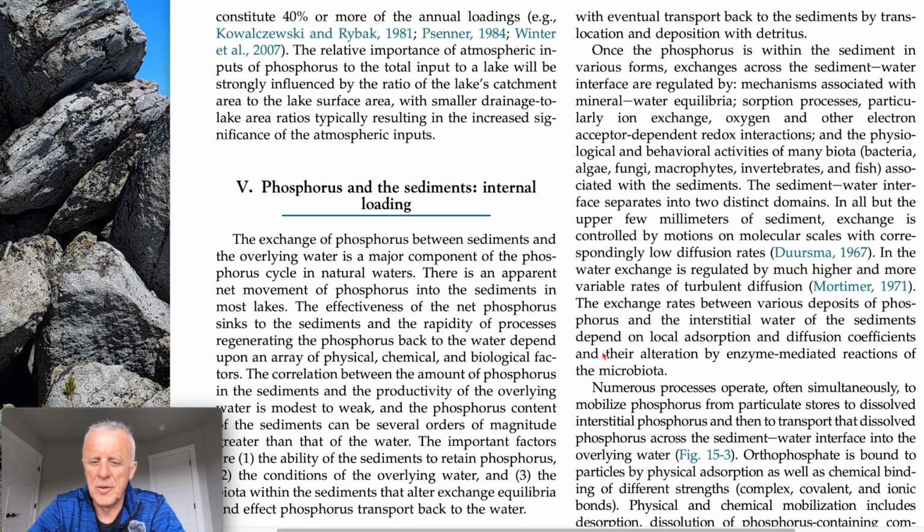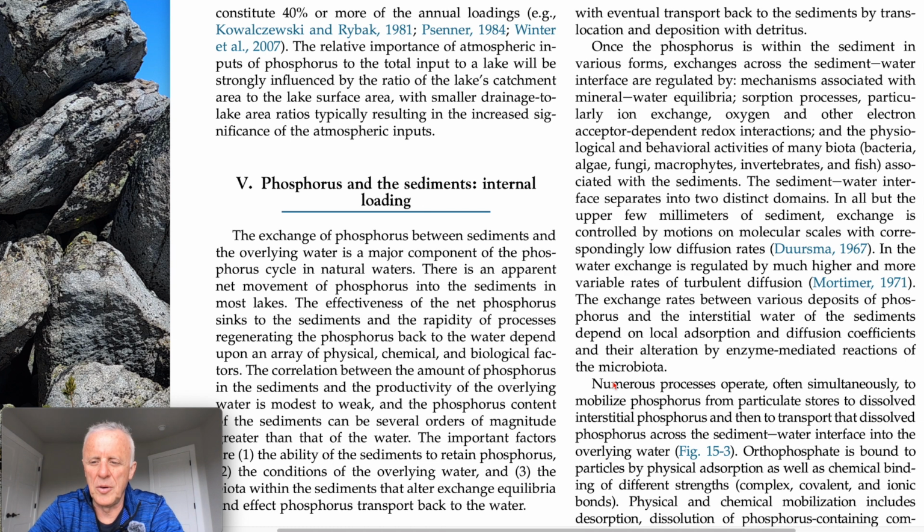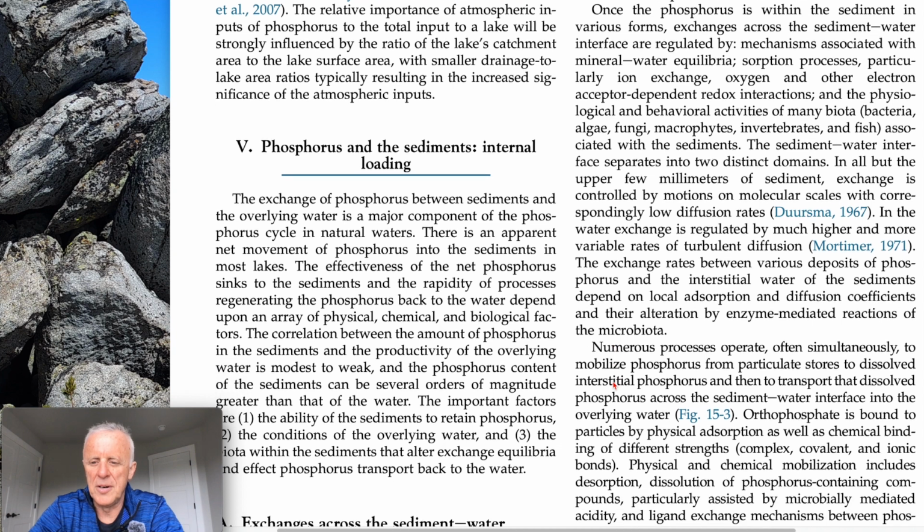The sediment-water interface separates into two distinct domains. In all but the upper few millimeters of sediment, exchange is controlled by motion on molecular scales with correspondingly low diffusion rates. In the water, exchange is regulated by much higher and more variable rates of turbulent diffusion.